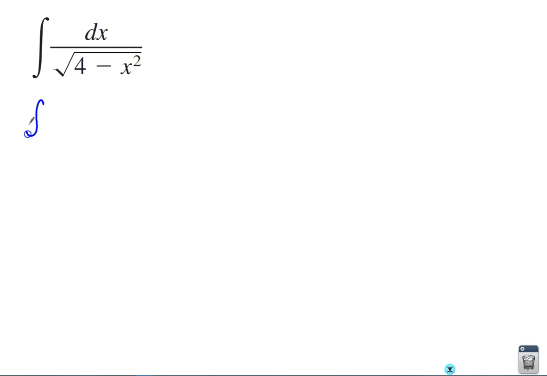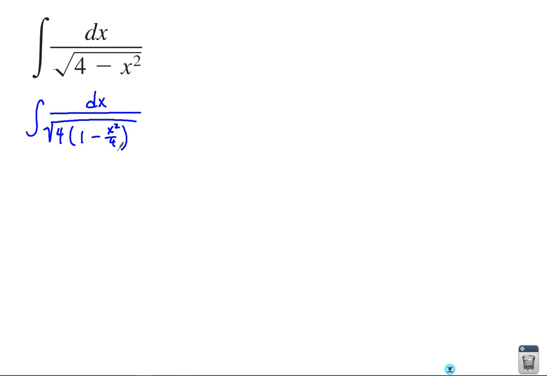I'm going to make this integral dx of the square root of 4 times 1 minus x squared over 4. Because if I take a 4 out for the first term, I'm left with the 1. Take a 4 out of x squared, it's just x squared over 4 because I don't know what x squared is. Okay? So that's what I've got so far.